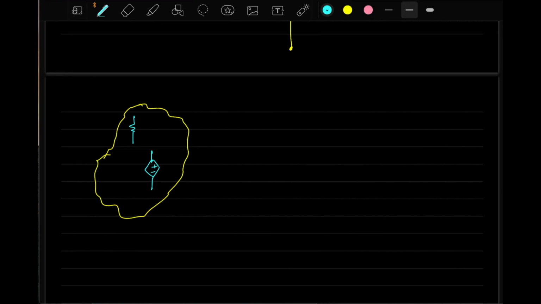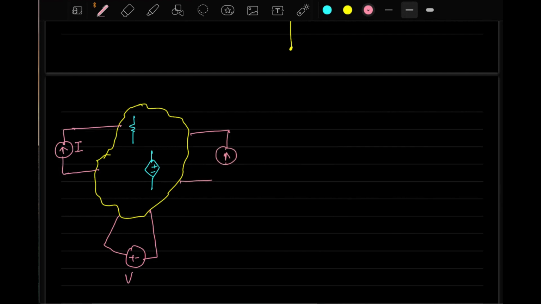And then this network is forced by some sources from outside. Let us say you have a current source like this, a voltage source like this, and another current source, I1, I2, like this.